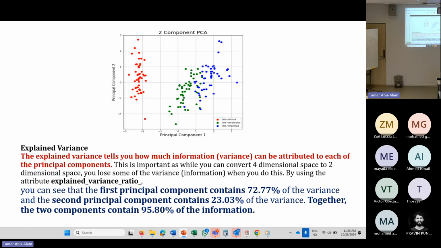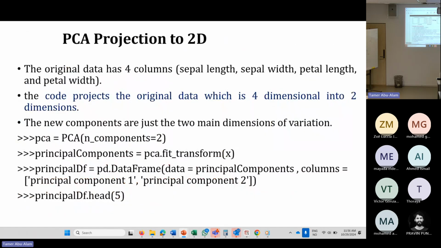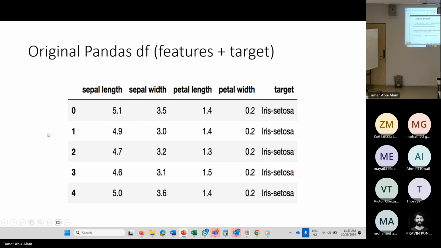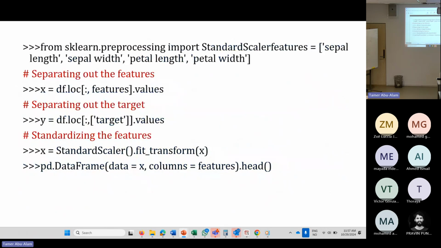Okay. So you have the code. You have the database. You have the link to the database. You have the code. And you have the result of the code from each step. Again, try to review it again with you. The first step is to load the data and get the data out and put it in this DF, this data frame. The second part is to standardize the data, try to scale it down, scale it up.